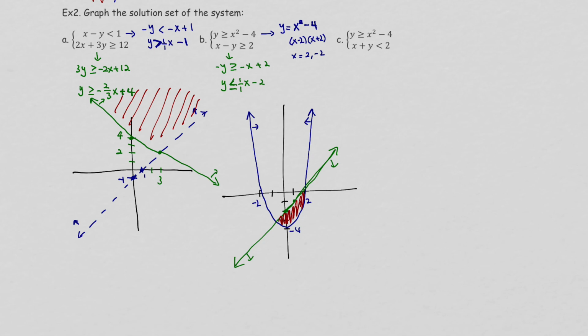You should be able to do that for any different inequality. If you have a circle with a line or a circle with a parabola, you should be able to do all that. Just draw each one separately and find the overlapping area.